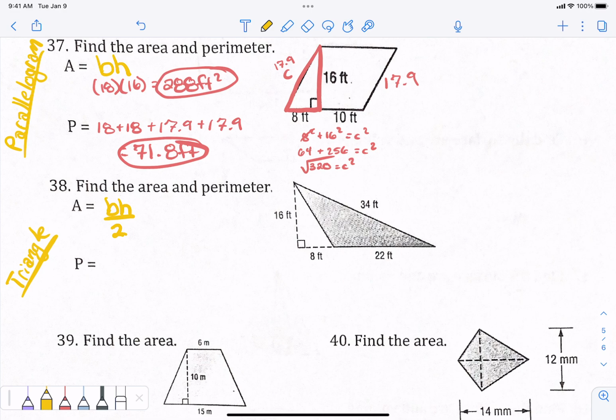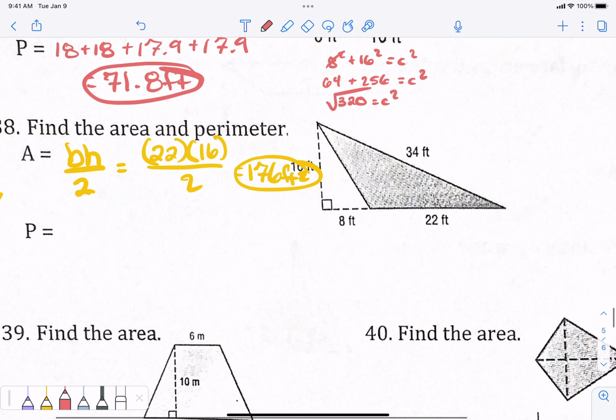This is where people get stuck. Is the base 22 or is the base 30? 22. It's only 22. So 22 goes in for the base. What's the height? 16. Yes, 16, and then divide by 2. 22 times 16 divided by 2. I got 176 feet squared.